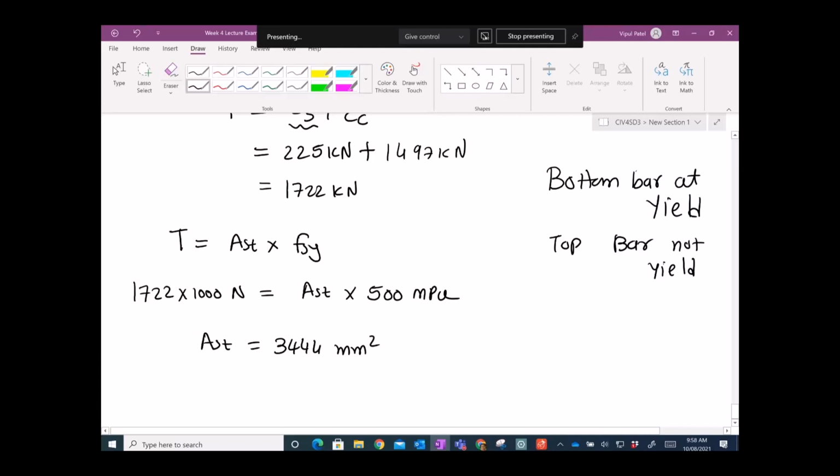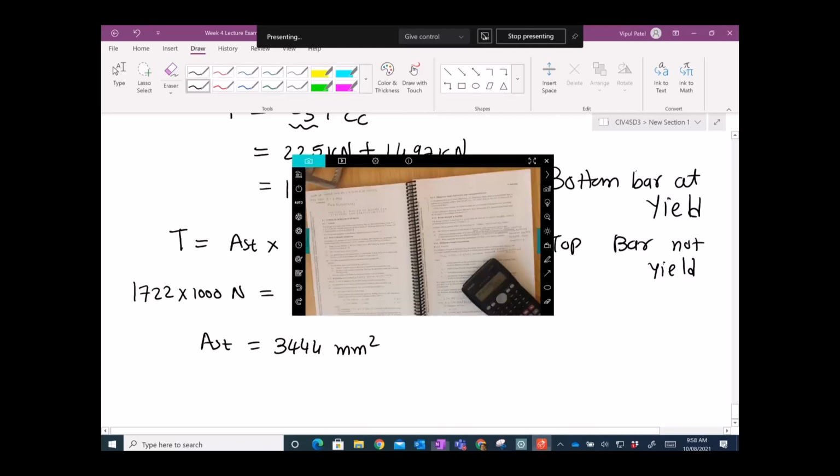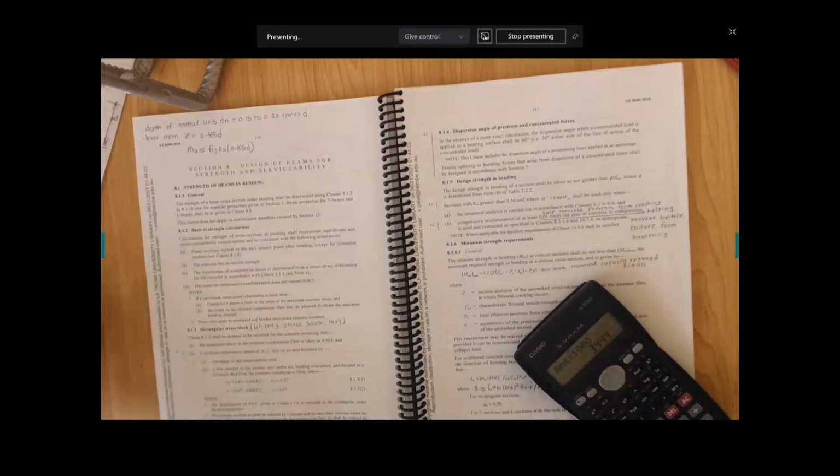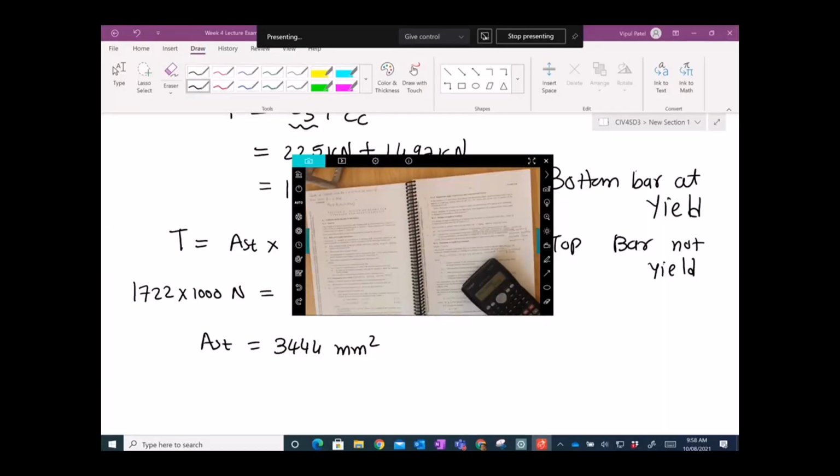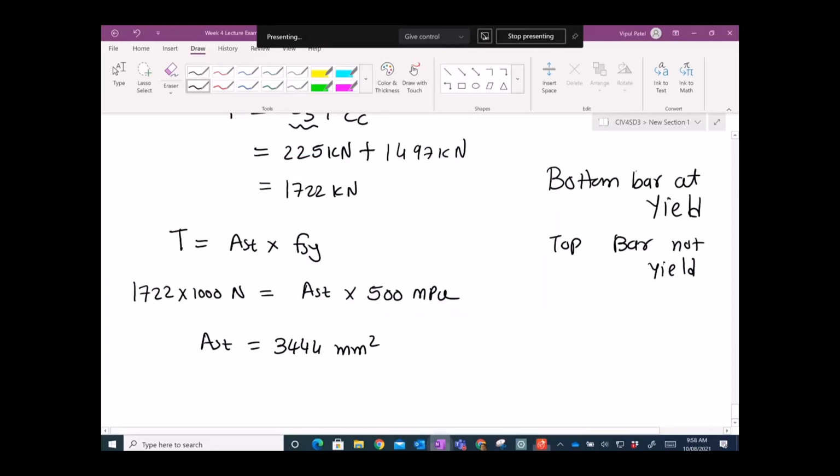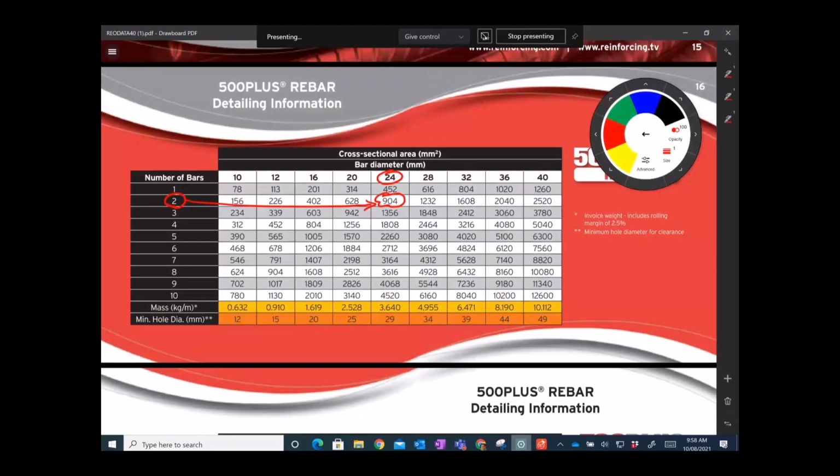In that case, let's go back. Now, please note we changed our bars. Let me go back. Do you remember that we changed these bars here to N24?